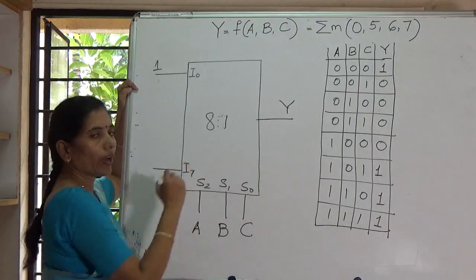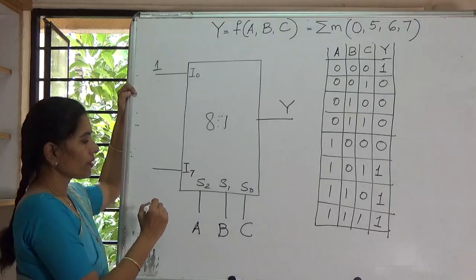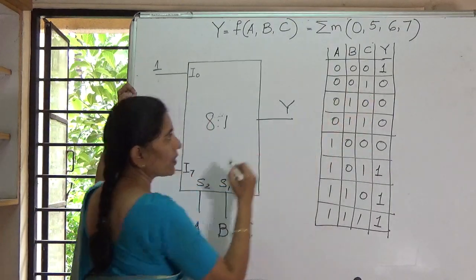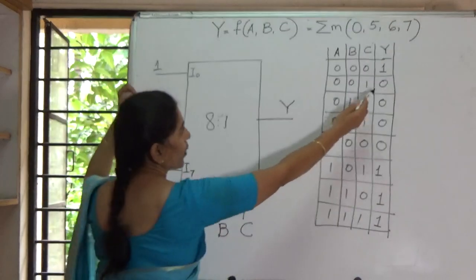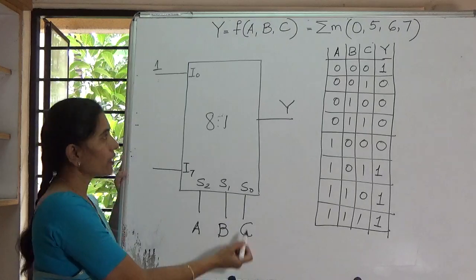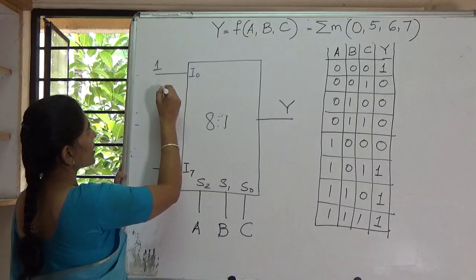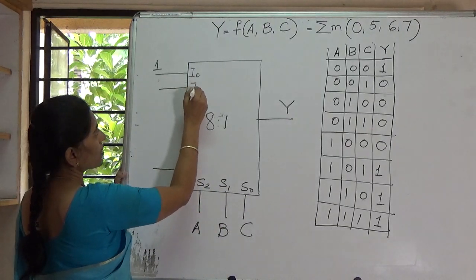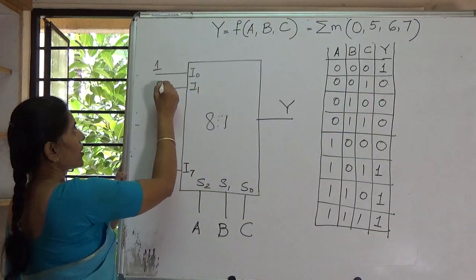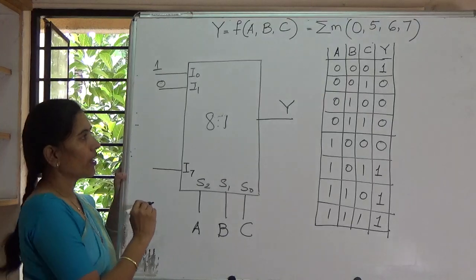Then only the output Y will become 1. Similarly, for the next combination, 0, 0, 1, the output Y should be a 0. When we give 0, 0, 1, the I1 line is going to be selected, and because we want the output to be a 0, this I1 line should be connected to a 0.